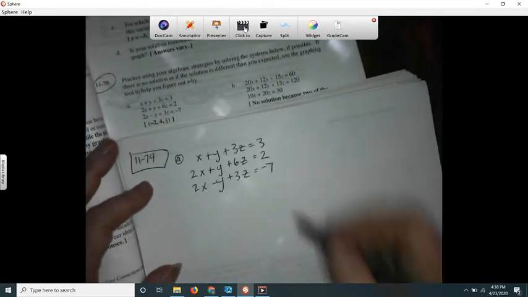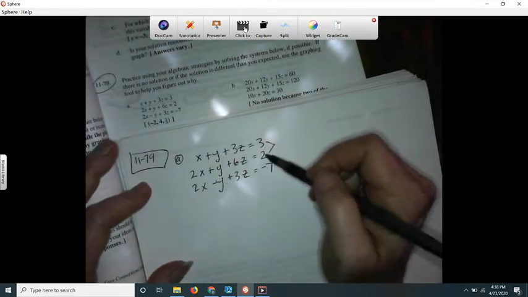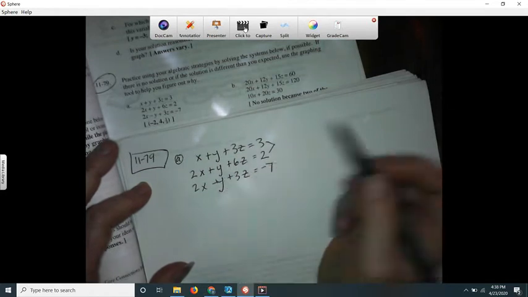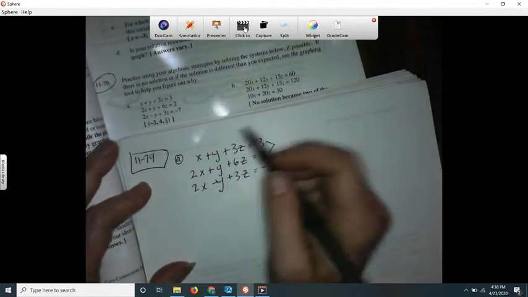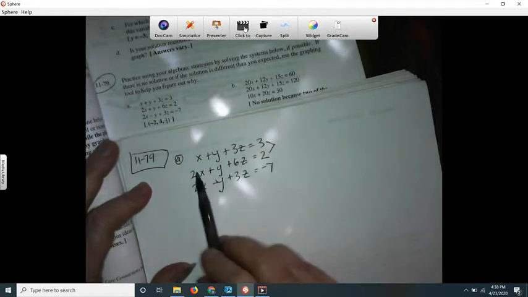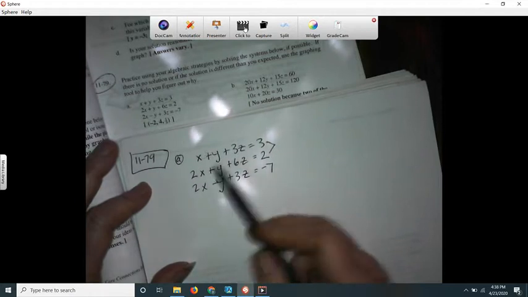So usually what I do is I'll take the top 2 and look at them and see if there's something that looks like it might be easy to eliminate. I see that my y's, if I multiplied the top one by negative and added them, I would be able to eliminate the y.